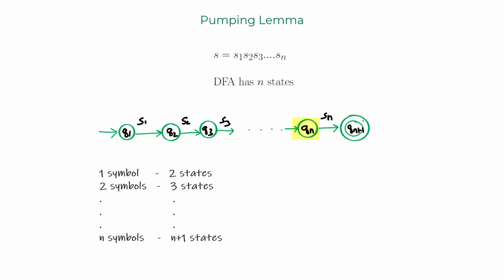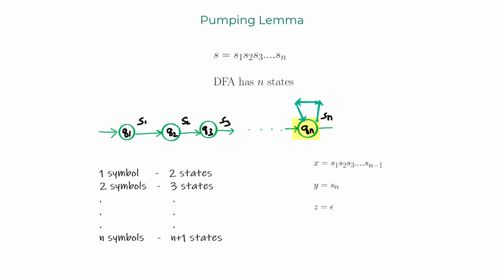I will be analyzing the corner case scenario where the pump is on the state Qn, which is looping on symbol Sn. I can write a split this way, where x is equal to s1, s2, s3 ... sn minus 1, y is sn, and z is epsilon.